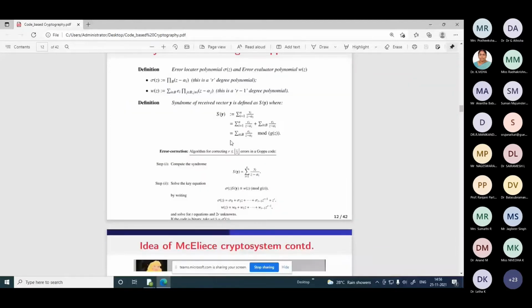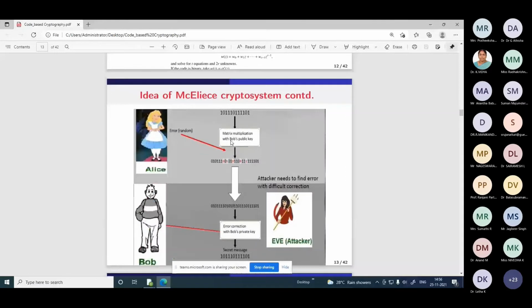This is the idea used in the McEliece cryptosystem. When Alice wants to send a message securely to Bob over a noisy channel, Alice will choose the message and compute M times G. What is G? It's the generator matrix of the Goppa code. But a new concept is introduced here. Usually M times G is sent through the channel.